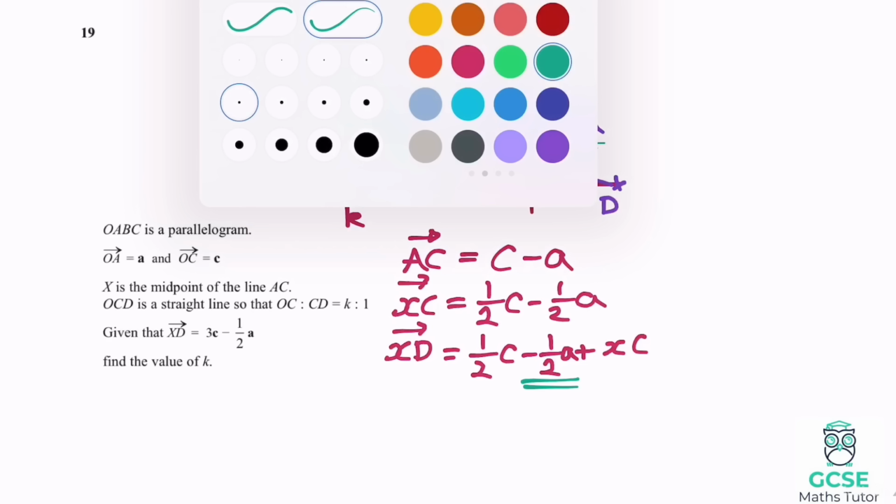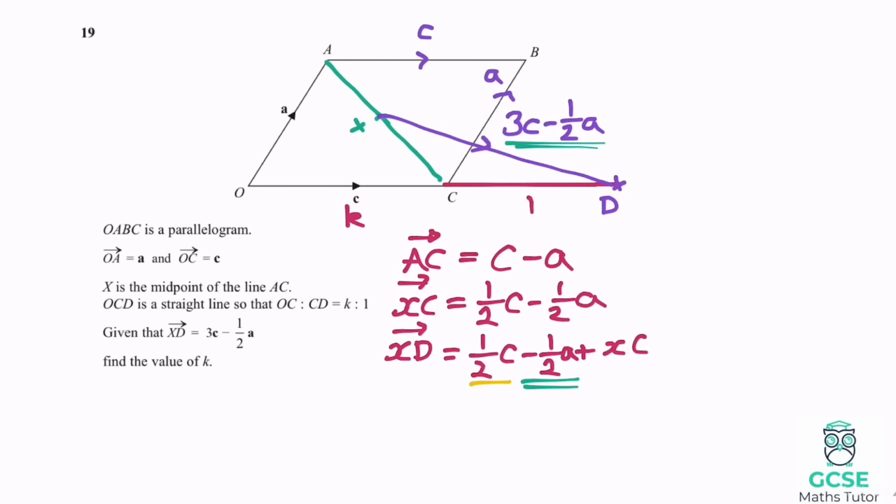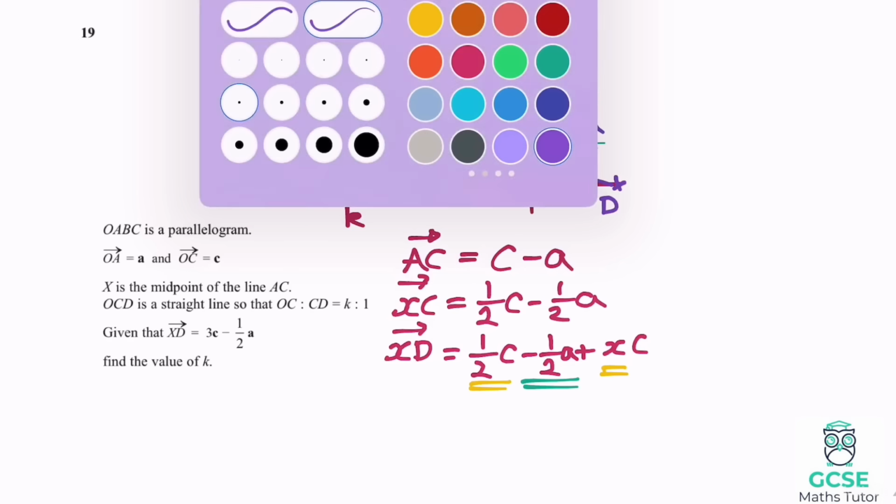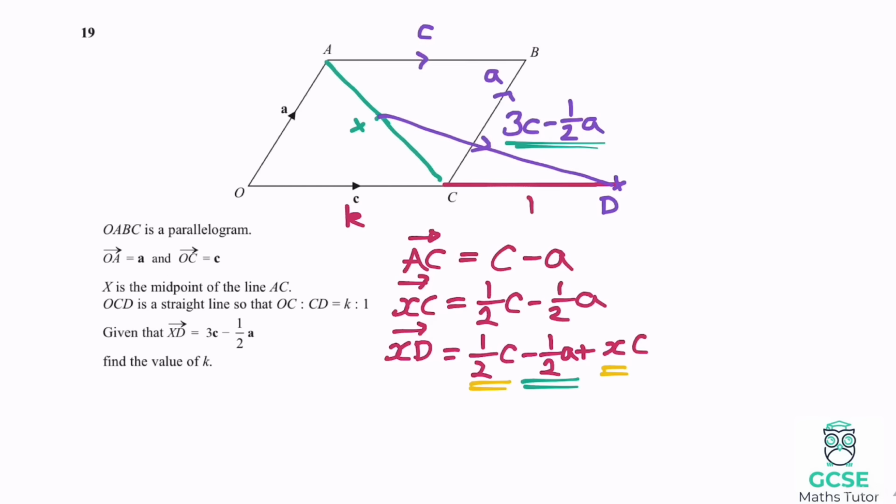Now at the moment, I'm going to use a different colour, we've got half c and another amount of c right here. So we just need to figure out, well, how many c's is that got to be to make it up to 3? And hopefully you can spot that it's 2.5 c's. So if we think of it as a bit of an equation, we've got half c plus x lots of c, and that has to equal 3c, because that's what's given to us in the equation.